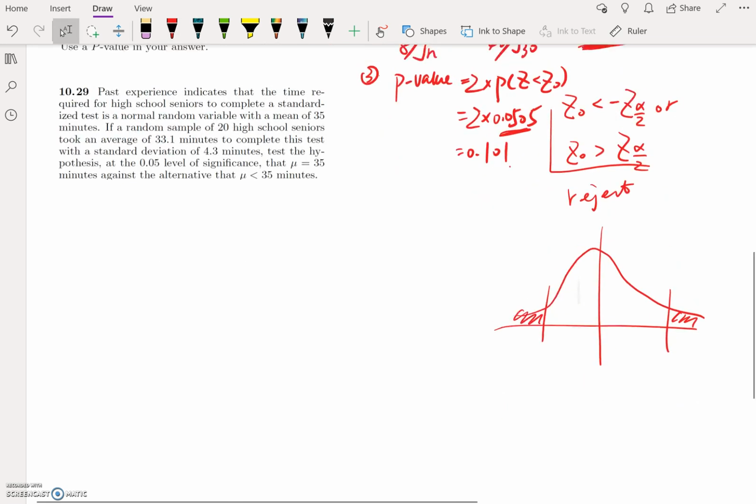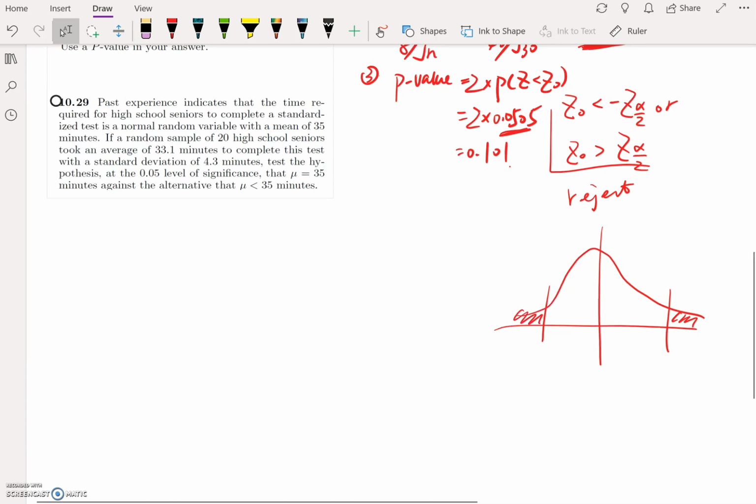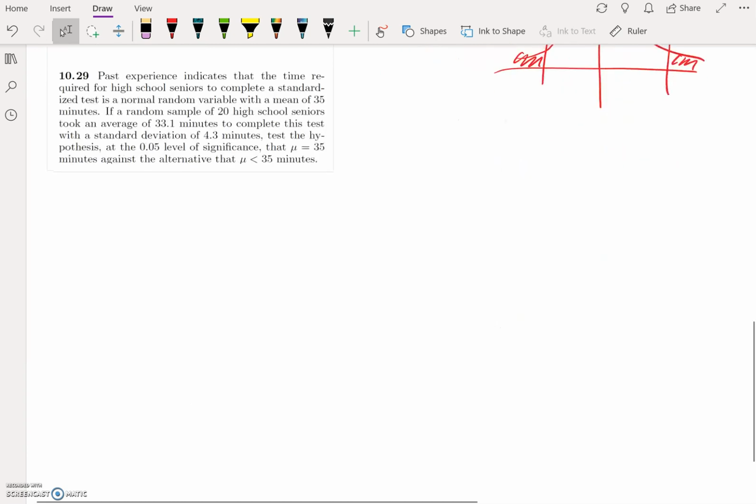So let's take a look at the third problem. Past experience indicates that the time required for high school seniors to complete a standardized test is a normal random variable with a mean of 35 minutes.